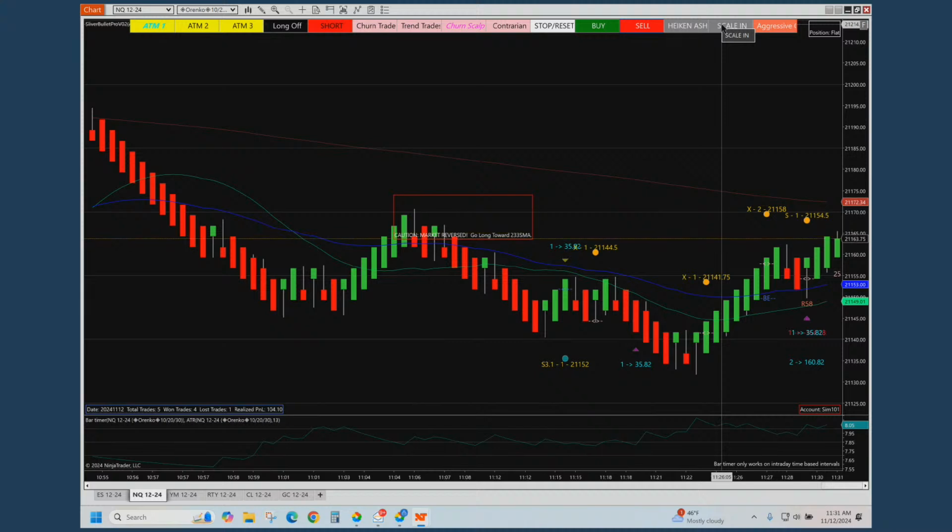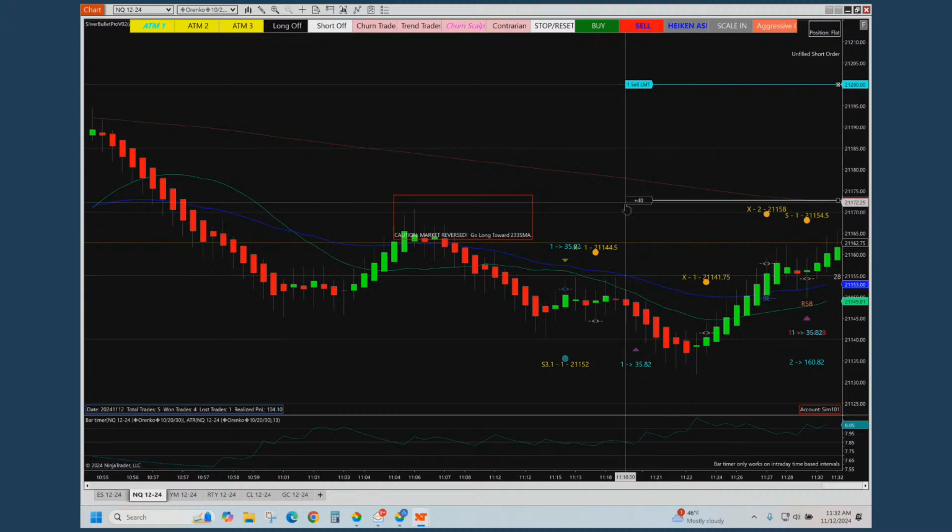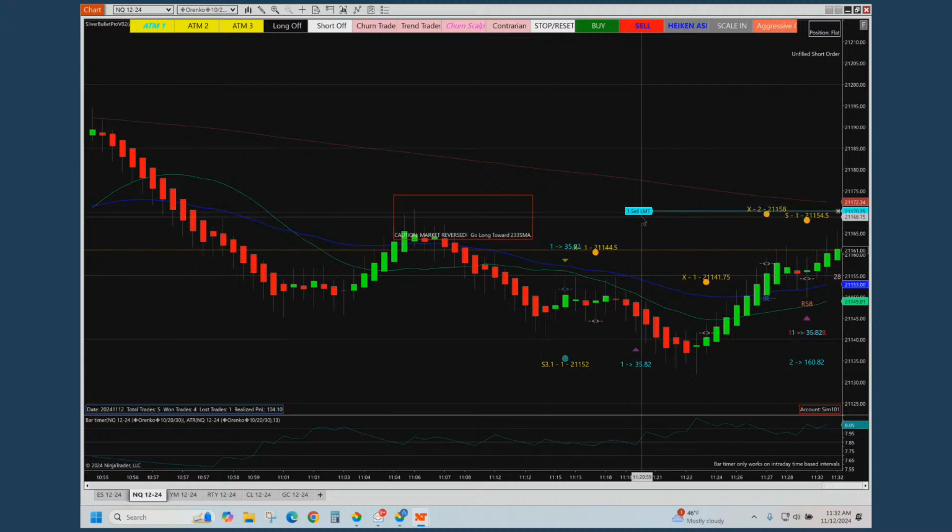Another thing I want to show you guys is what we now have: Heikinashi. So this works like, I can place an order. This works only with NQ at this moment. So I can move and place a resting order.